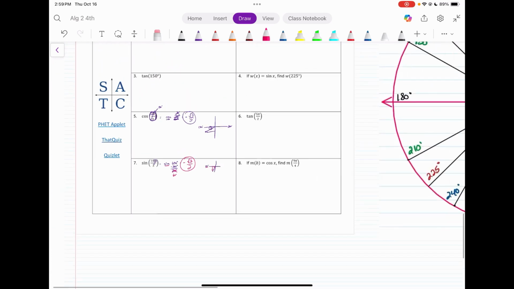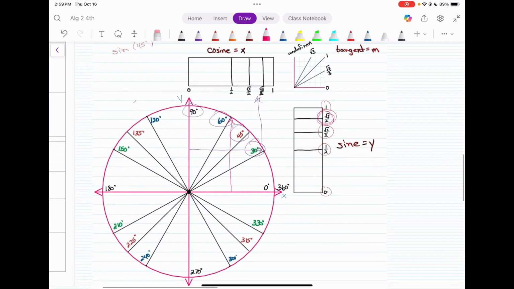Now, lastly, let's deal now with the tangent, how we can find the tangent. There's two different ways we can do this. The first way to find the tan of, we'll do 30 first. The tan of 30. Tangent is always y over x. It's always sine over cosine. So one way of working it is you could actually find the sine of 30 over the cosine of 30 to do the tan of 30.